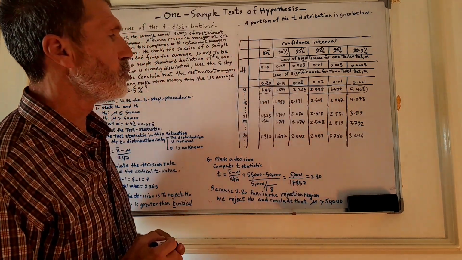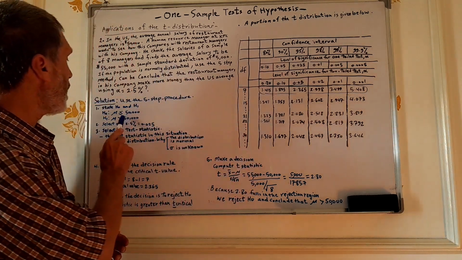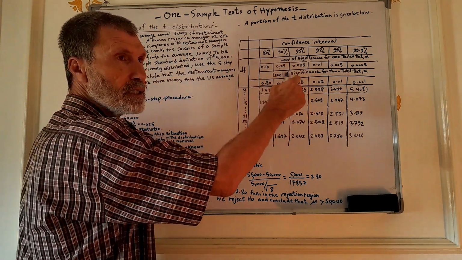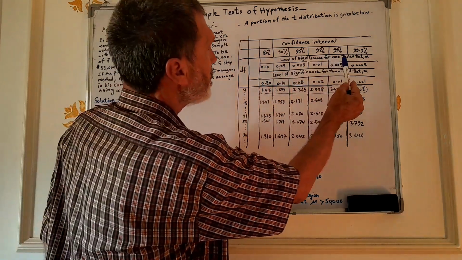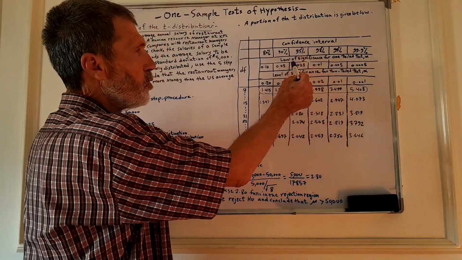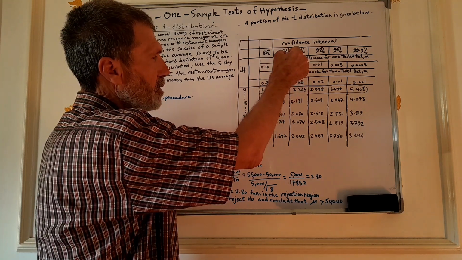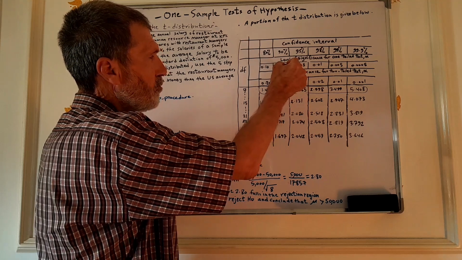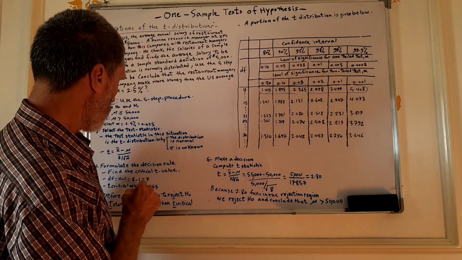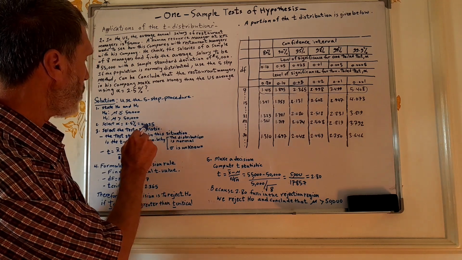Okay, now since we have a one-tail test, we go to the portion of this t table labeled one-tail test. Then we move to the column of the selected level of significance, which is 0.025.